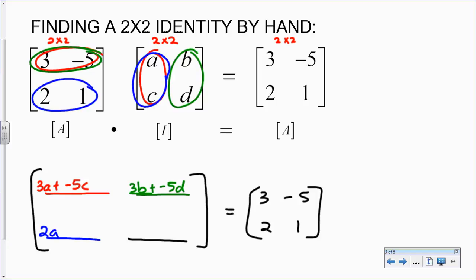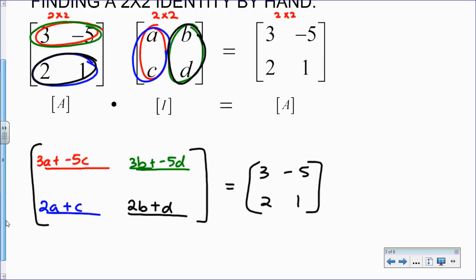That's 2A plus 1C. And then finally, second row, second column. That's 2B plus 1D.